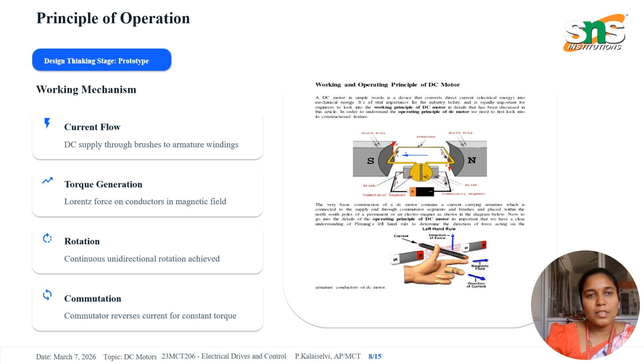A DC supply is applied to the armature through brushes, and current flows through the armature conductors. The magnetic field is produced by the stator poles. The interaction between the current and magnetic field produces the electromagnetic force. This force generates torque, causing the motor to rotate. The commutator ensures continuous unidirectional rotation.